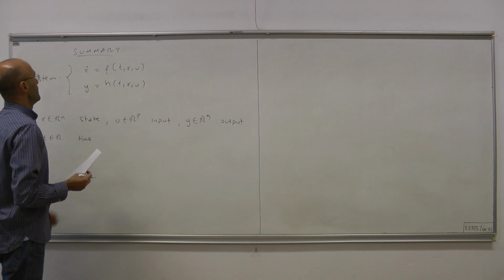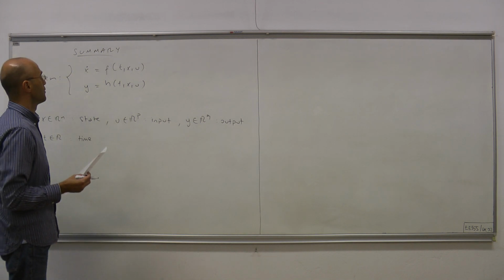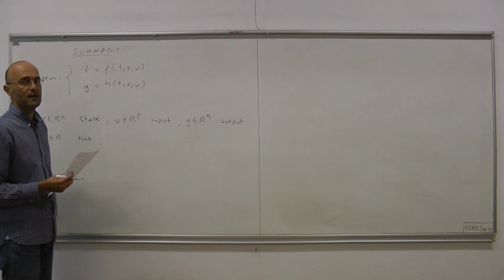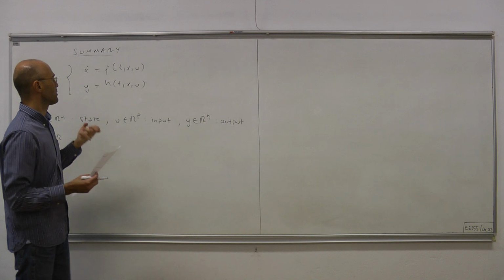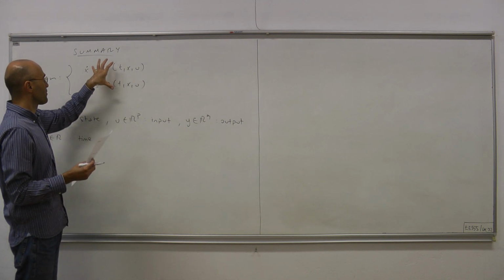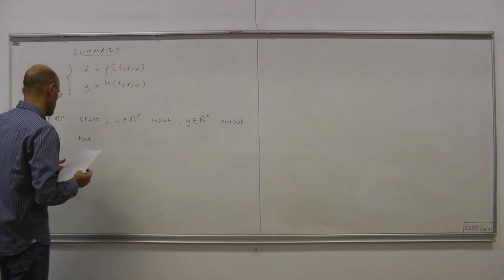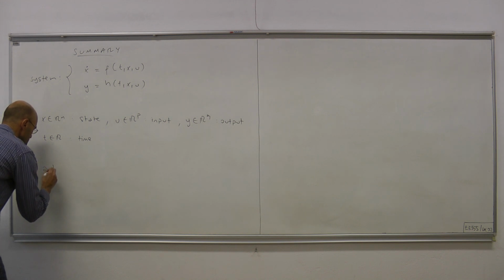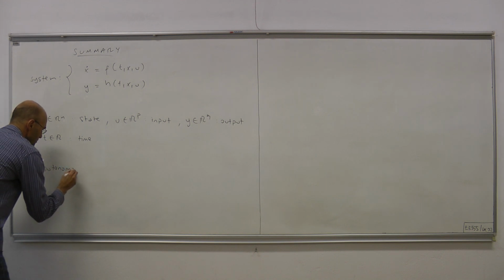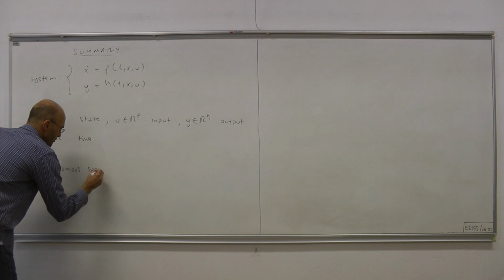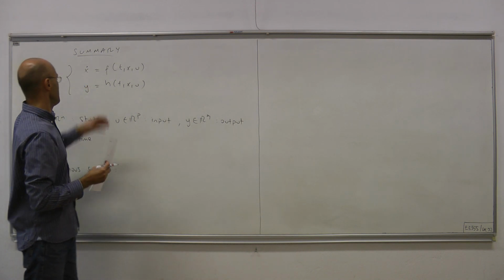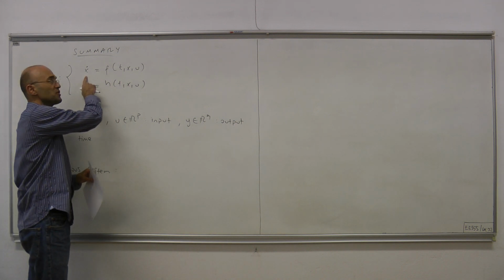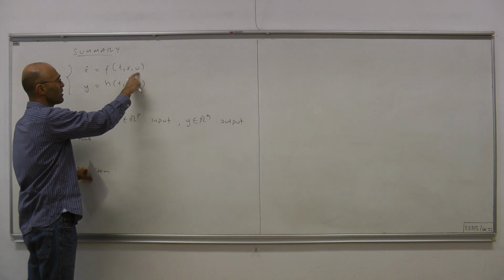Okay, now this is the most general form of what we mean by a system, and for a while we will not be considering this, but we'll consider a subclass of this definition, namely an autonomous system. Okay, and by an autonomous system, we mean that the evolution does not depend on the input.